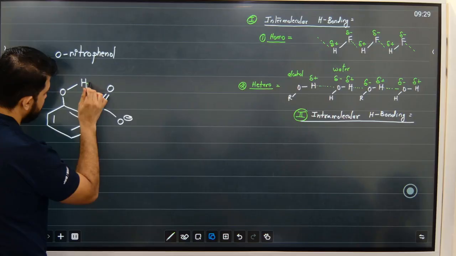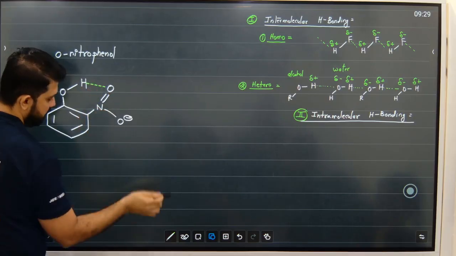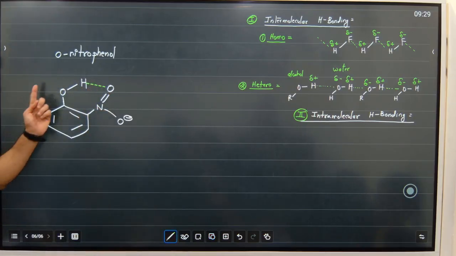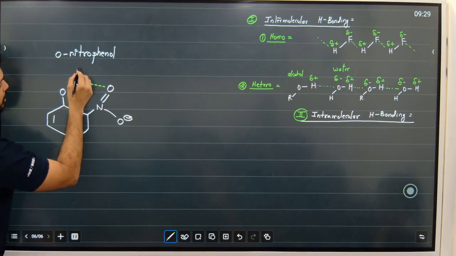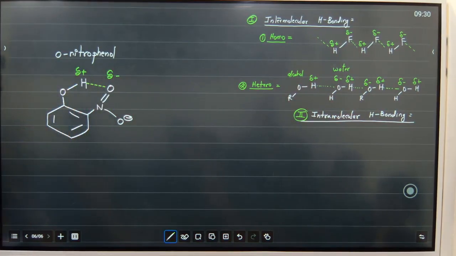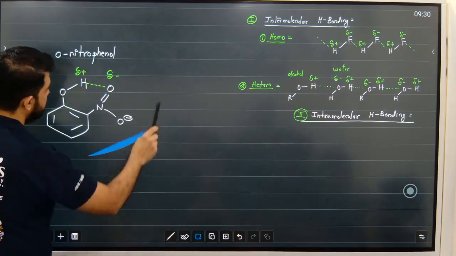So this bond here is within the same molecule. This is called an intramolecular hydrogen bond and plays a very, very crucial role. We'll understand this when we do the effects that hydrogen bond has on different properties.